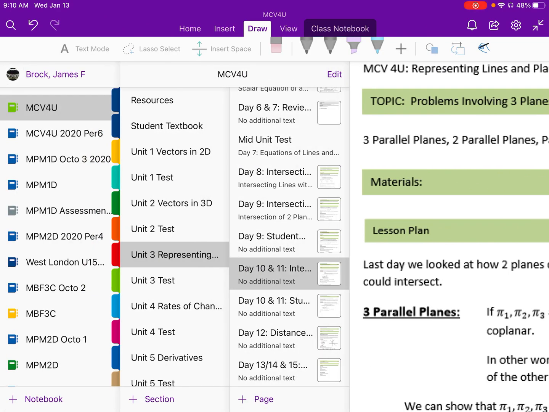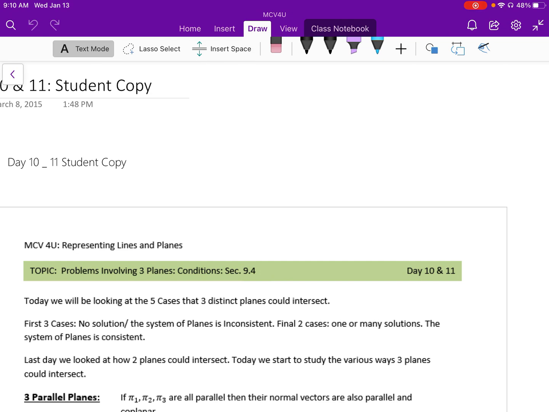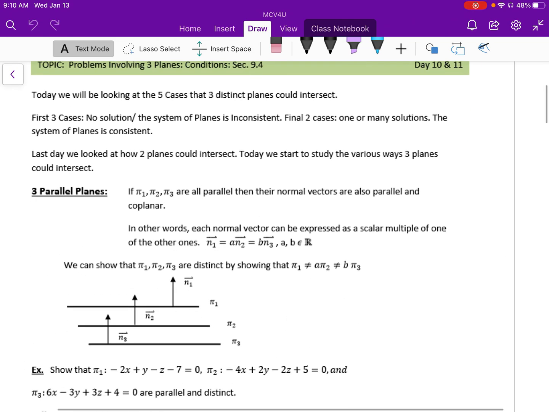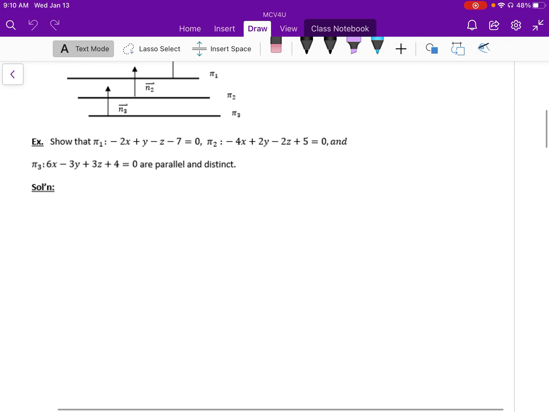What you could do, which is a good idea, in your OneNote section, I've included a second lesson today, which is called the student copy. It's identical words to what I'm going to be using, except there are big spaces for you to do the algebra as well. I'm not going to go through the algebra.